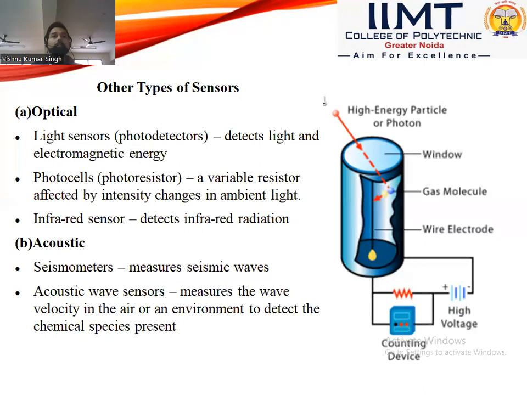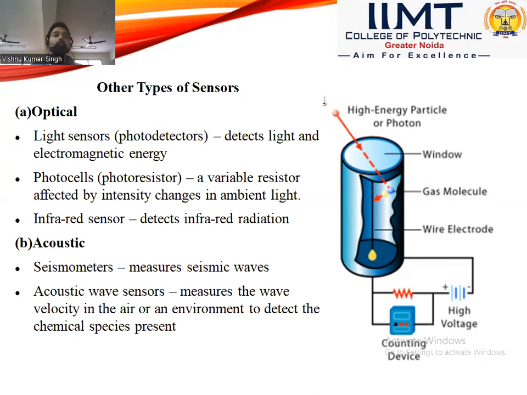Other types of sensors which are commonly used are optical sensors like photodetectors, which detect light and electromagnetic energy. Then comes the photoresistor. It is a variable resistor affected by intensity changes in the ambient light. Then comes the infrared sensor, which detects infrared radiation. Other types of sensors are acoustic sensors.